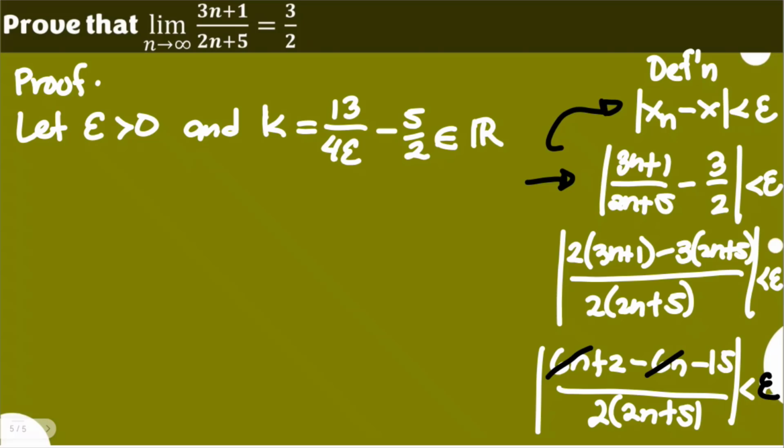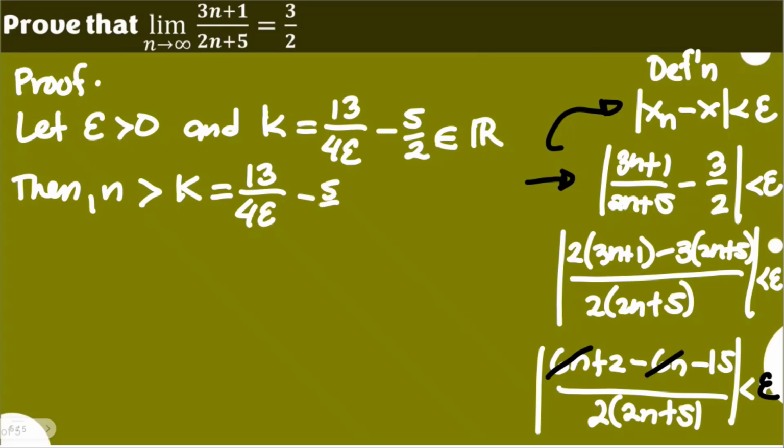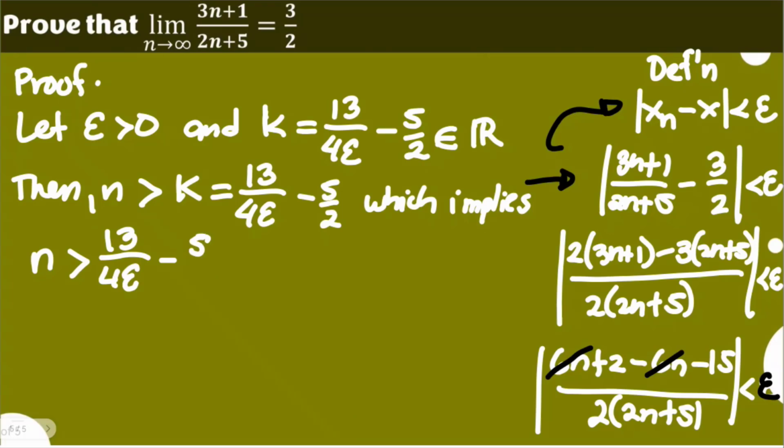Hence, we will have n only greater than k, because there could be a value of a natural number not necessarily equal to k, but greater than k, since k is not here a natural number. This implies, cutting k, that n is greater than 13 over 4 epsilon minus 5 halves.